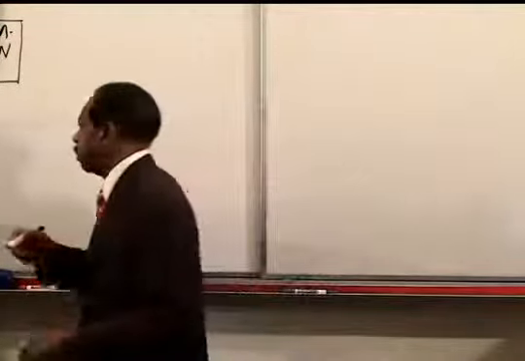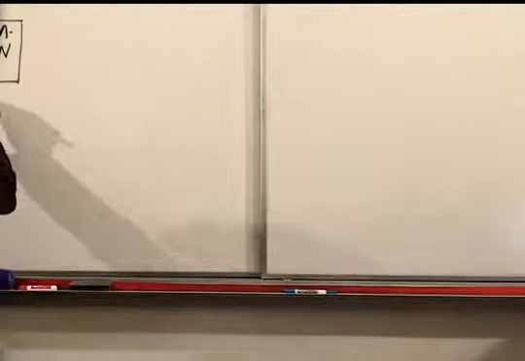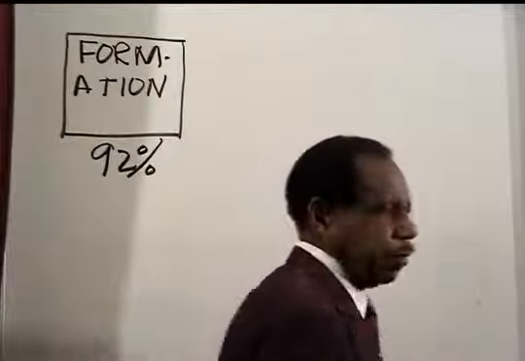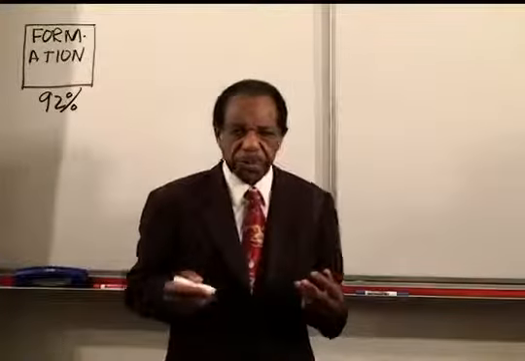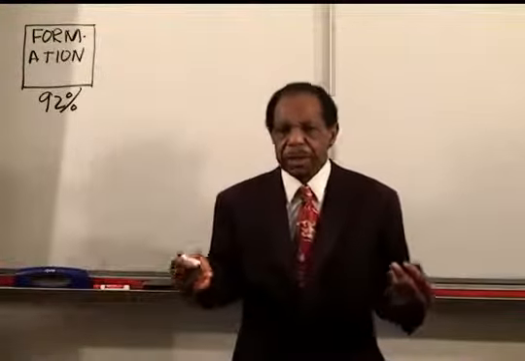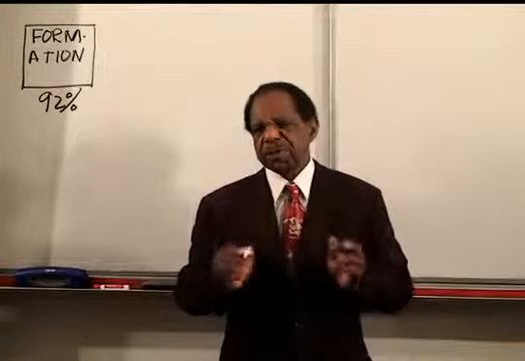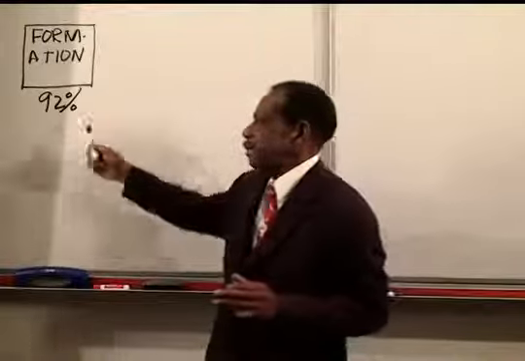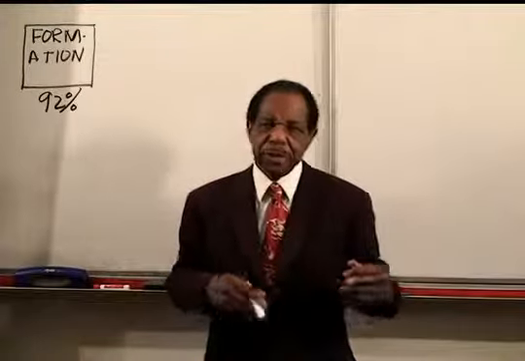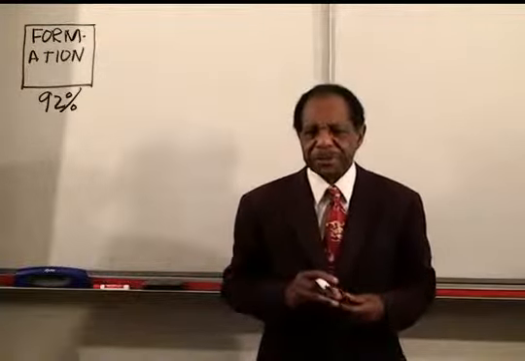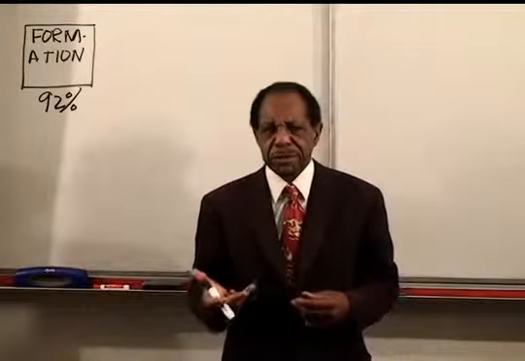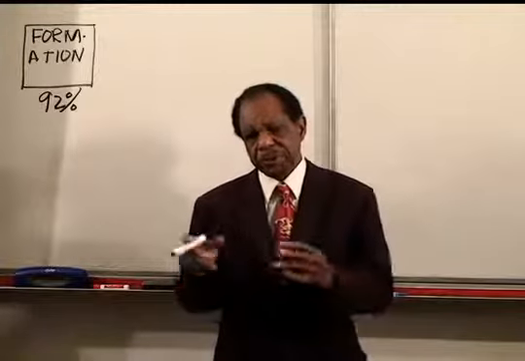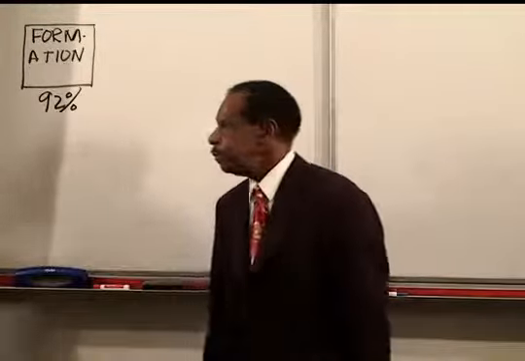And so be prepared, because I did a recent sample of the bar questions by picking 12 bar questions randomly and looking through to see what percentage of those have major formation issues. And in that sample, it turned out to be 92%. Other samples, it turns out to be about the same. So you really need your formation wrapped down. You need it down for both common law contracts as well as for UCC contracts.